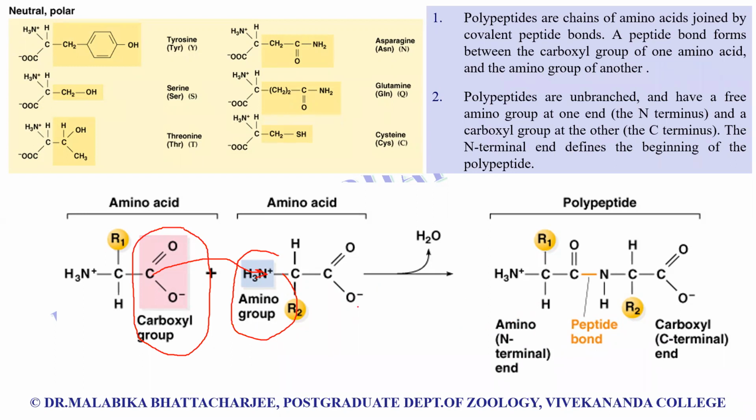This is basically a dipeptide, made up of 2 amino acids. There is always an amino terminal or N-terminal end of a protein, and there is always a carboxy terminal or C-terminal end of a protein. Even in this dipeptide molecule, there is an amino terminal end and a carboxy terminal end.